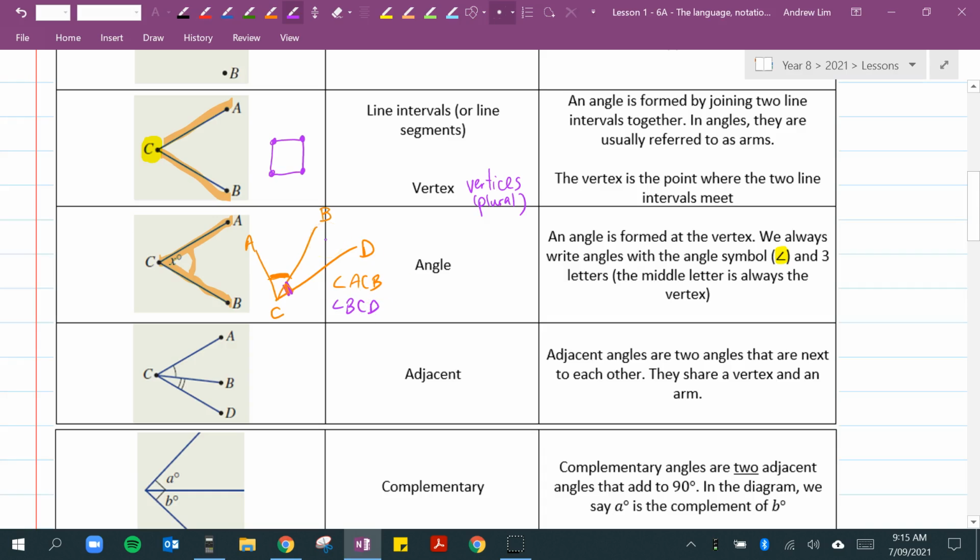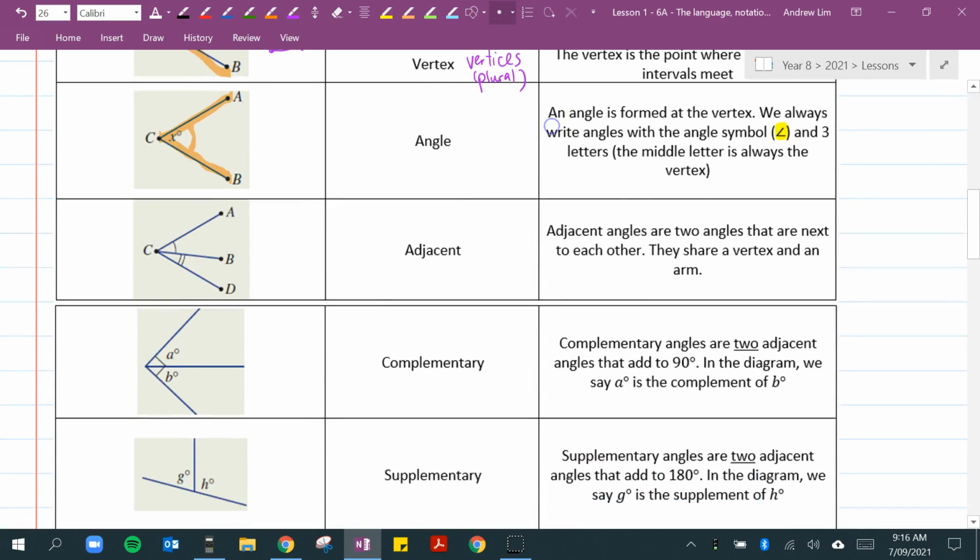And if we want the big one, all of it, we refer to that as angle ACD, from A to C to D. And that gives us the whole thing. So use the angle symbol to refer to an angle, and always have 3 uppercase letters where the middle letter is the vertex.